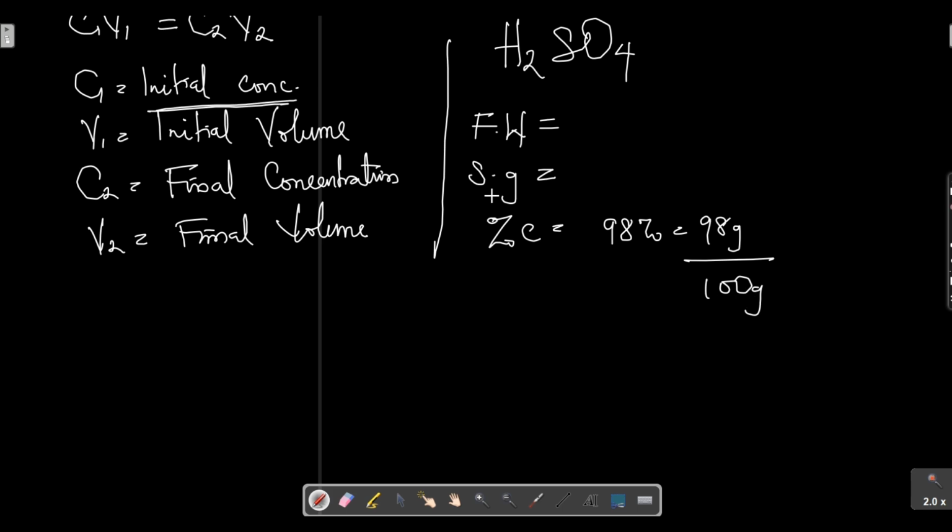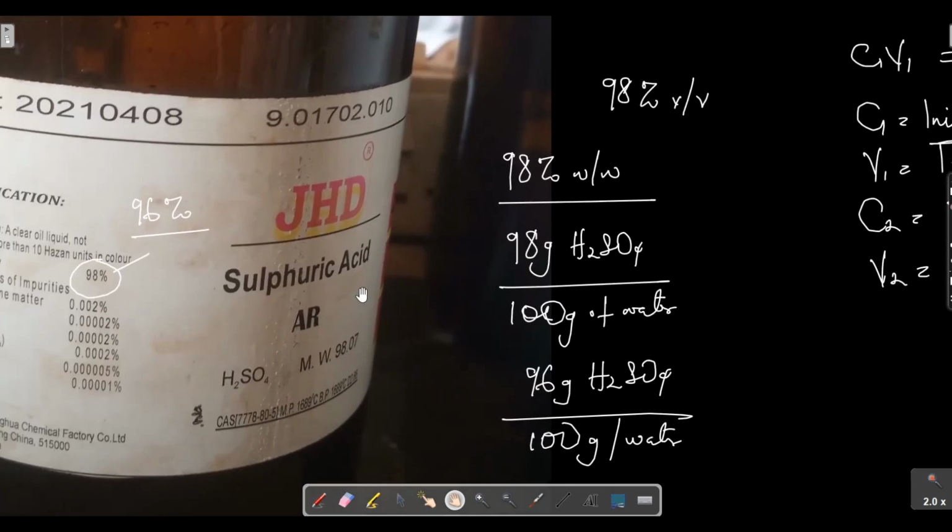Now the specific gravity of sulfuric acid, you can check that online, is 1.84 grams. So this is the specific gravity of sulfuric acid, 1.84 grams per cm cube. And then the formula weight for sulfuric acid is always on the bottle.